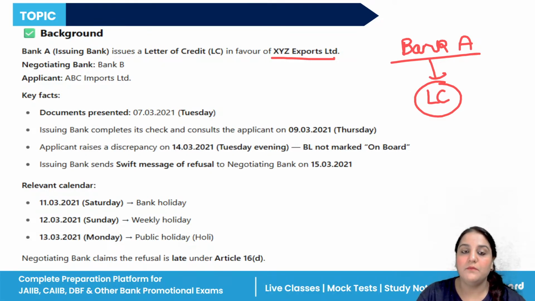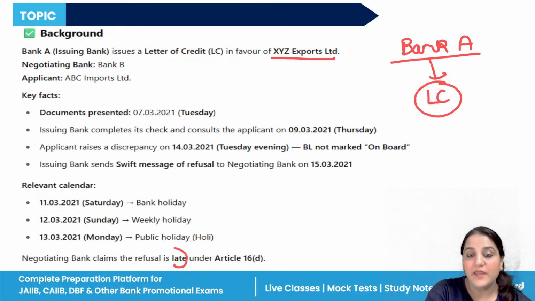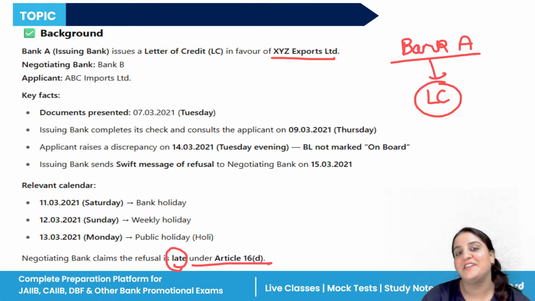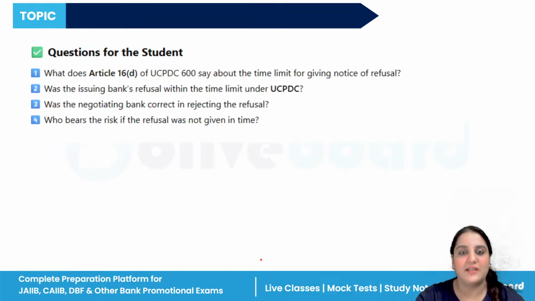So the calendar is saying 11th Saturday holiday, 12th Sunday weekly holiday, 13th Monday public holiday. So the negotiating bank claims the refusal is late under Article 16D. Negotiating bank is saying that the claim is not on time, and according to Article 16 subsection D, refuses the claim.